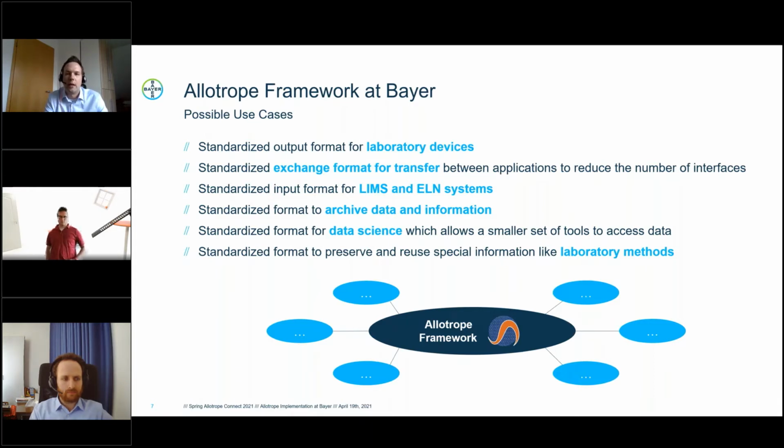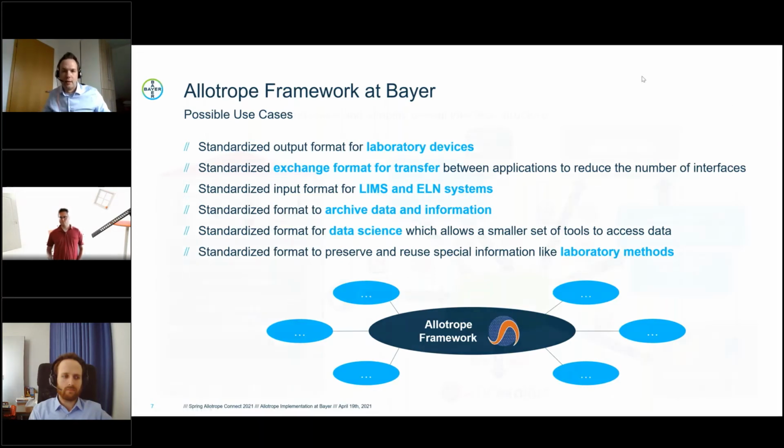If you have a data lake, you might typically map the data to other structures. Maybe you have some special databases in it, but you need some input format, and you also want to have a standardized one here. So it seems that the Allotrope Framework is more or less in the center of all these things.